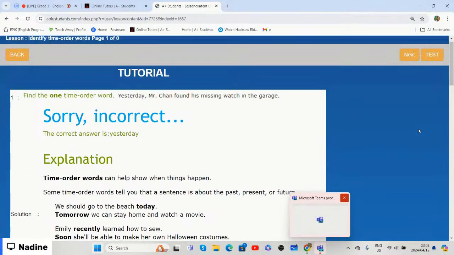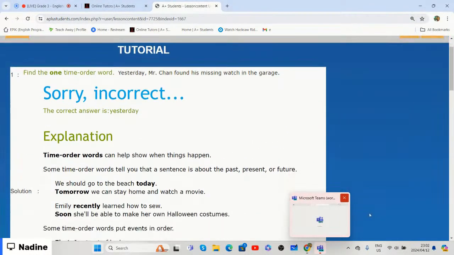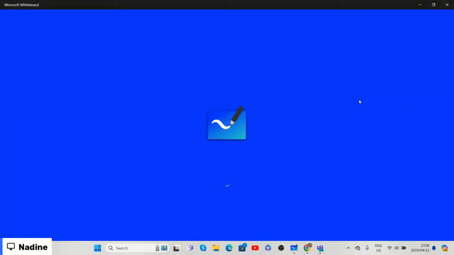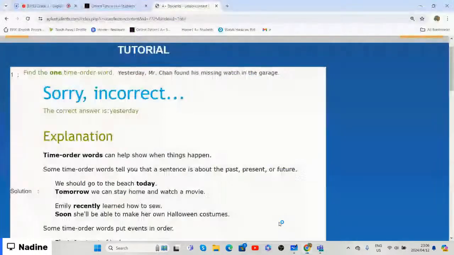So when it comes to time order words, time order words can help show when things happen. So it shows you when things are happening. It can happen today, it can happen tomorrow, it can happen now. You can even use words like soon, recently, later.